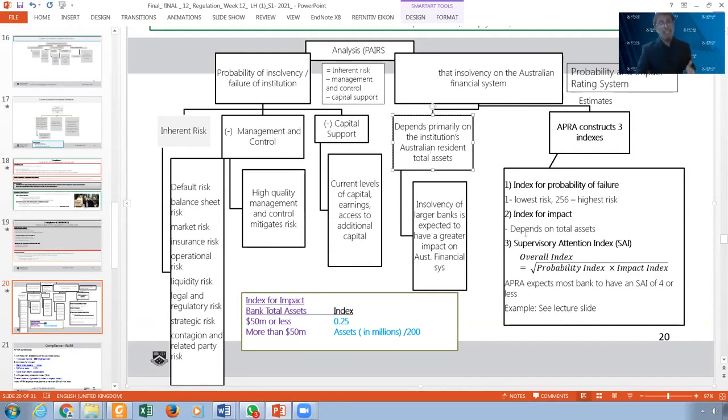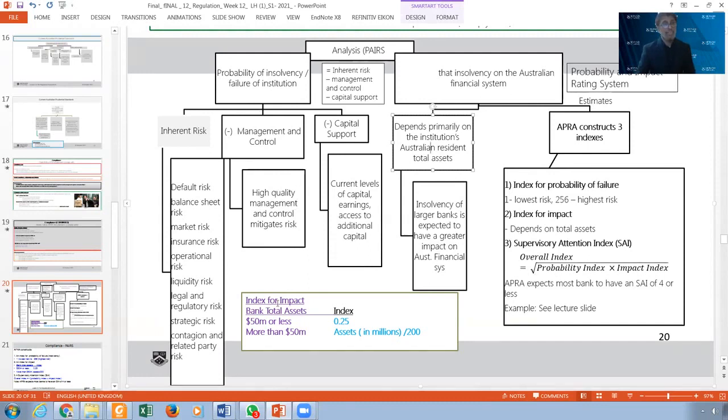The other is the index for impact, which means how big you are, because the collapse of a bigger bank is harder on the economy than a smaller bank. And then they have the SAI, the Supervisory Attention Index, and they expect this to be the square root of the probability index and the impact index.